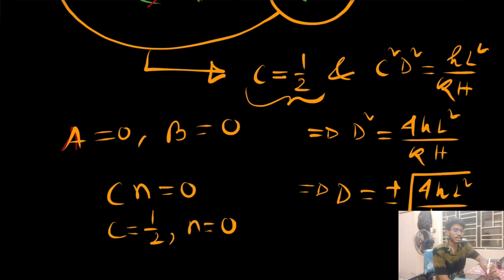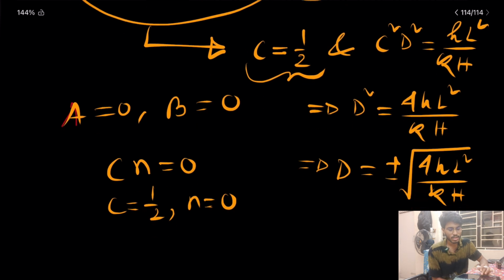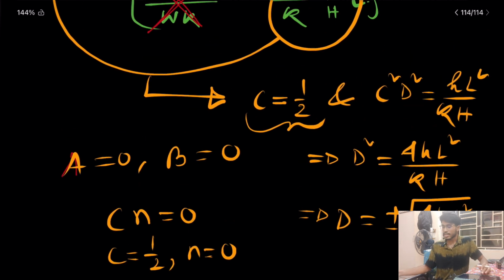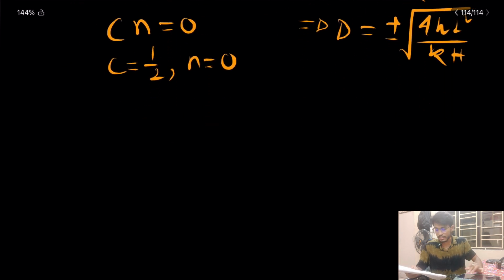So N is equal to 0 and D is this and C is half. Now let me check the conditions. The first condition is for N, so N is equal to 0.